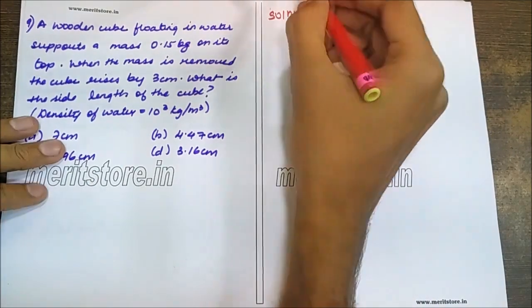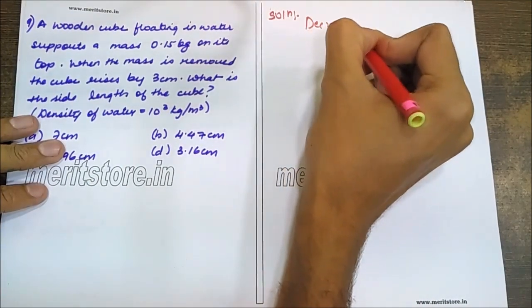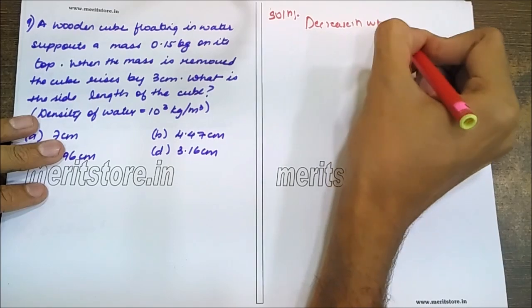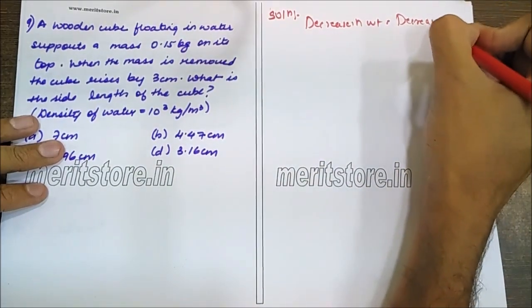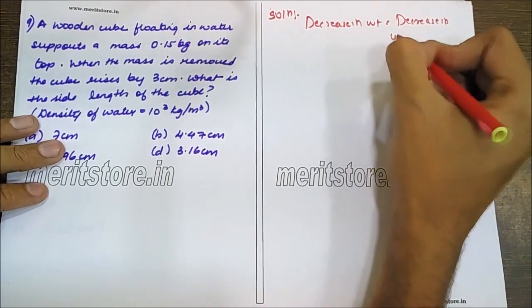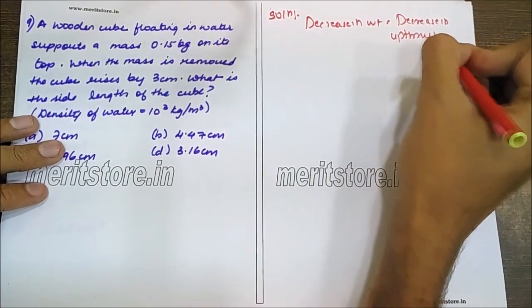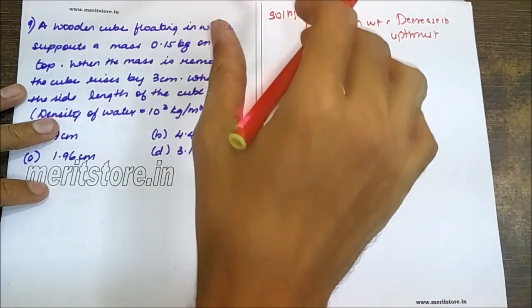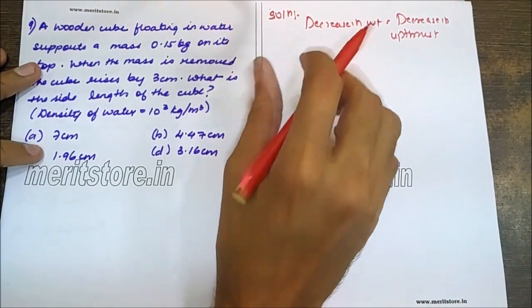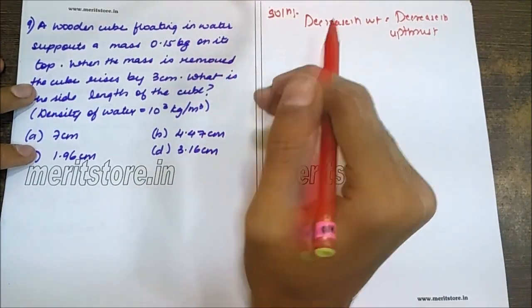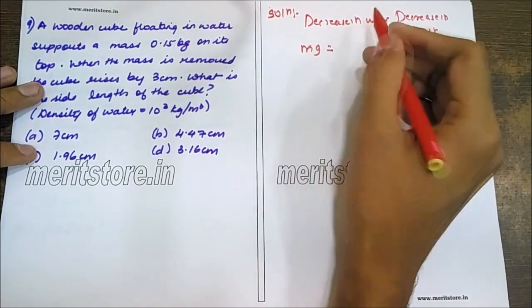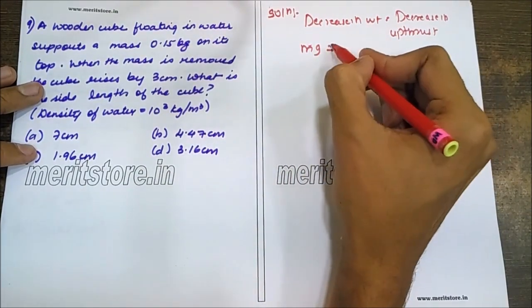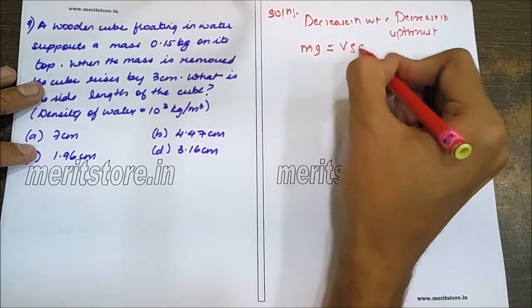So the decrease in the weight will be equal to the decrease in the upthrust. Whenever the mass is removed from the wooden cube, the decrease in the weight is mg and the decrease in the upthrust is V rho g.